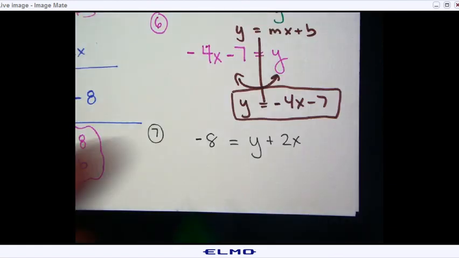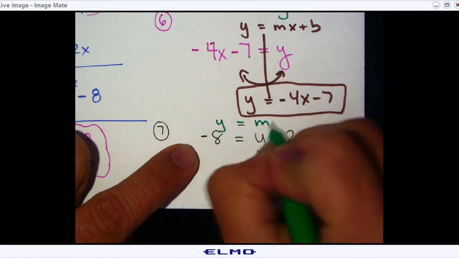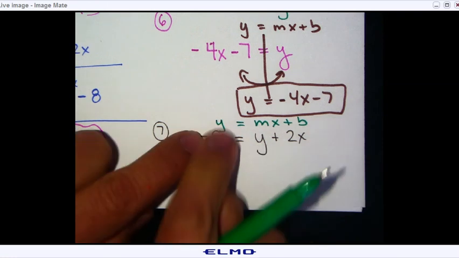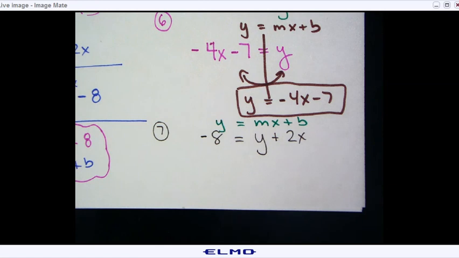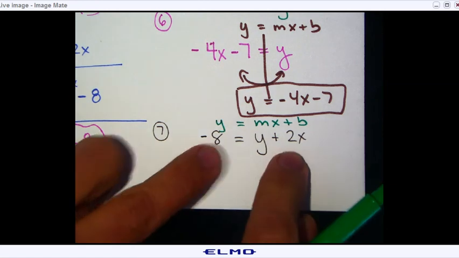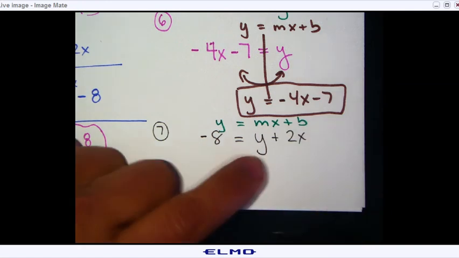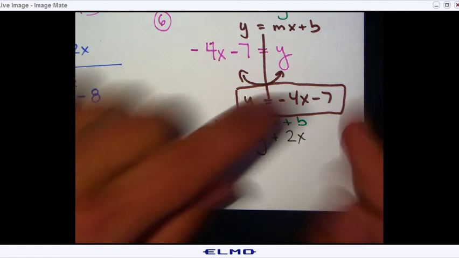So here we go. So what do we do first? y equals mx plus b, right? But Mister, the y's on this side. All right, well, let's flip them. It's on this side? That's fine. Or why don't we do this? Here's my y. You could always have the y on one side.